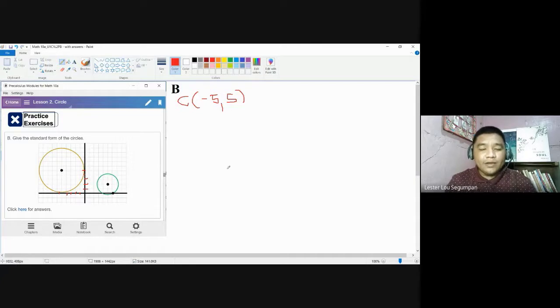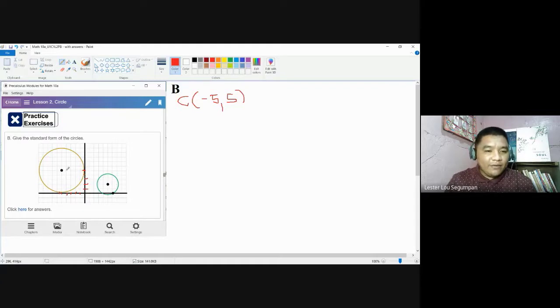Looking at the given figure, this circle is actually tangent to both the x and y axes. When you say tangent, it only touches the x-axis at this point here, and it also only touches the y-axis at this point here. Even without other measurements given, we can simply look at the movement of the center from the axis.